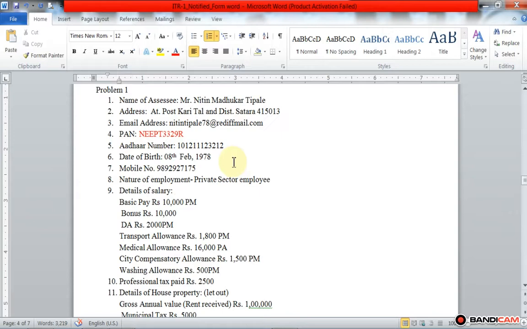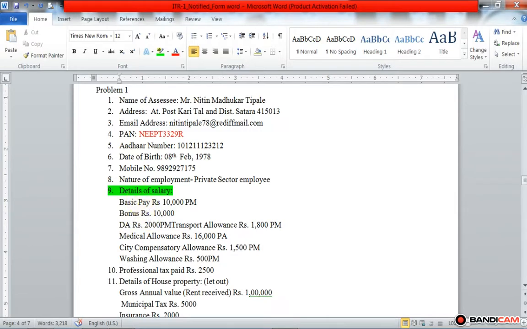Then details of salary, so it is very important. Now we have read the general information of the assessee. The next part, that is part B in ITR-1, is details of salary. In salary, basic pay is given here.